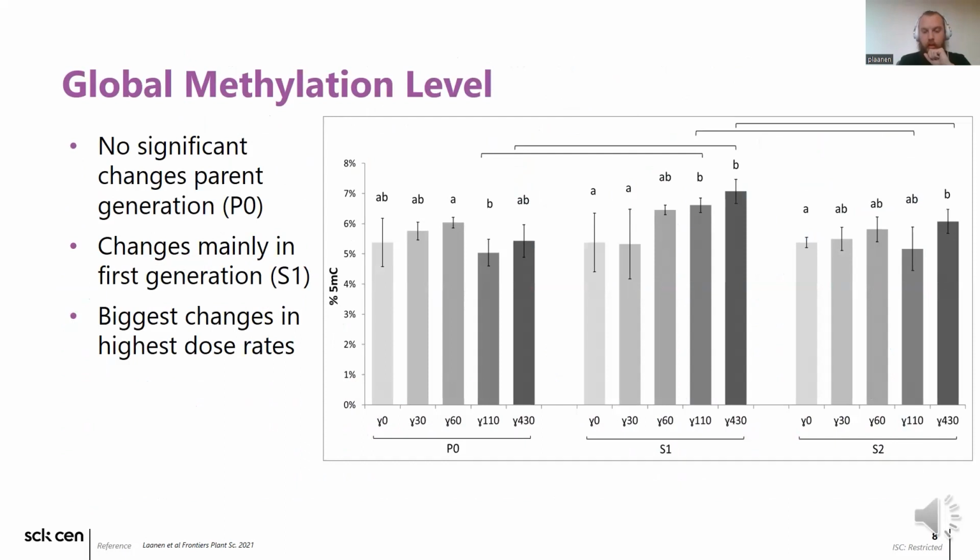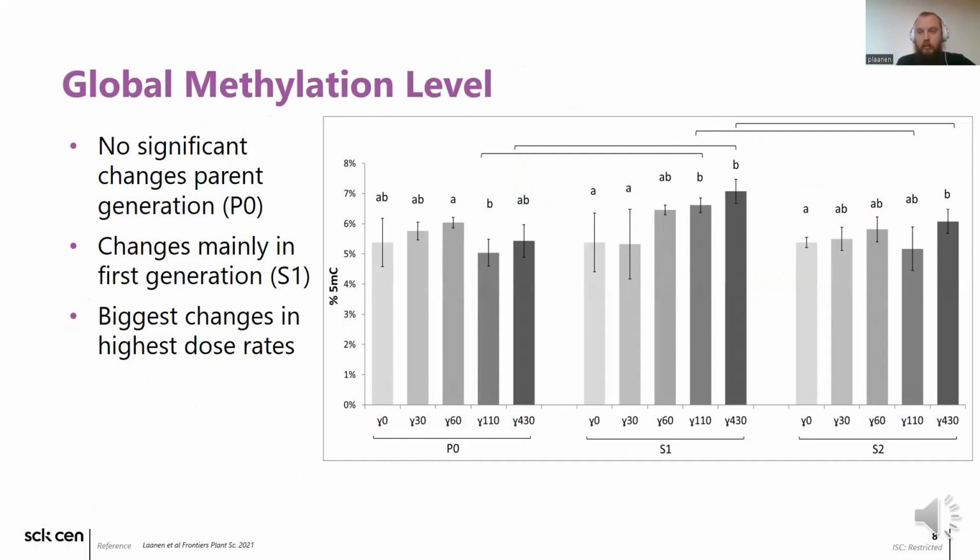Our global methylation level results showed that no real changes occurred in the parent generation, but mostly in generation 1, and we see that the biggest changes occurred at the higher dose rates.